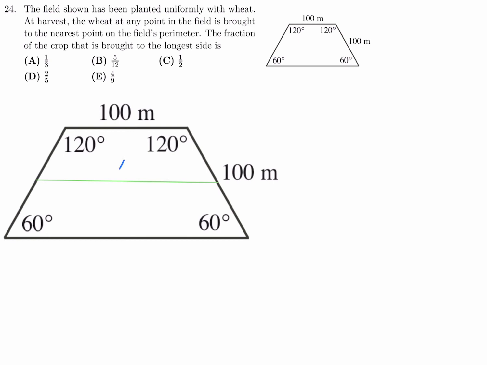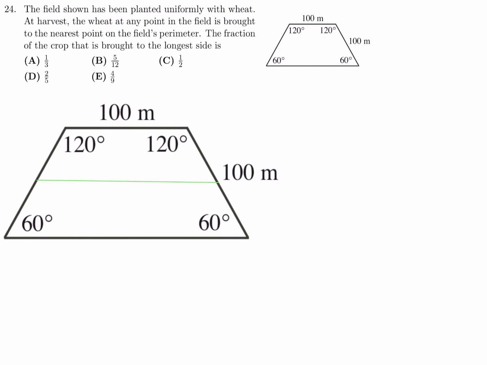If any wheat is in here, it's going to be brought to either there or perhaps to this side or that side. But if any wheat is below this green line, it's going to be brought either here, here, or here. So that immediately eliminates this part.